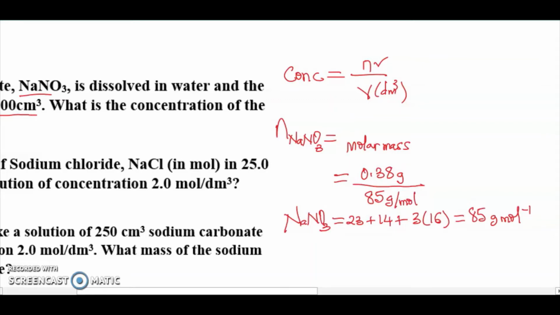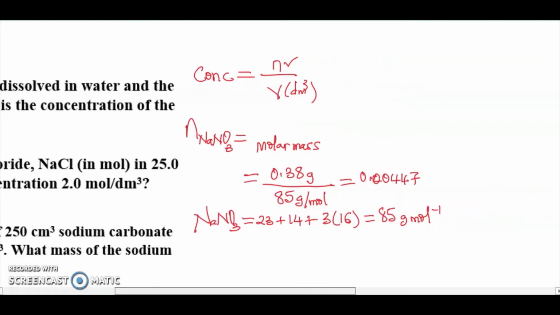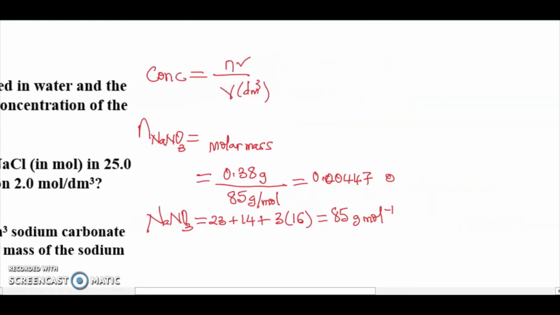So now what do we have from here? We have 0.00447, which we could still represent in standard form as 4.47 times 10 raised to the power minus 3 mole.